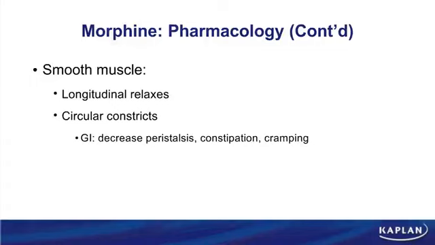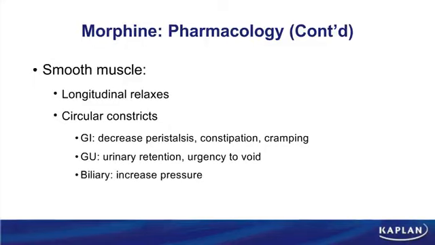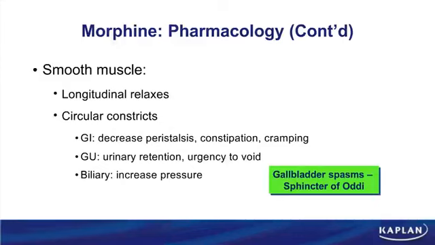Not only do we see a decrease in GI motility with opioids, we see a decrease in urinary motility causing urinary retention. In the biliary tract, we see an increase in biliary pressure, sometimes described as biliary colic. Can lead to gallbladder spasms. So this type of abdominal pain can be part of the profile for opioids.